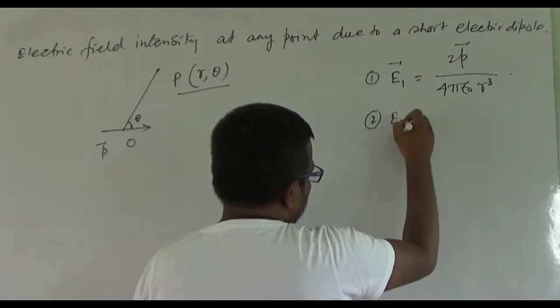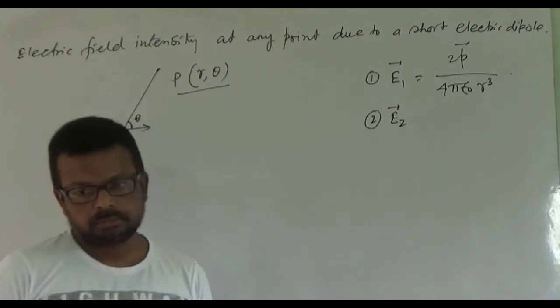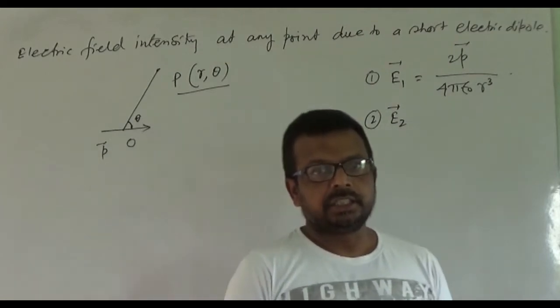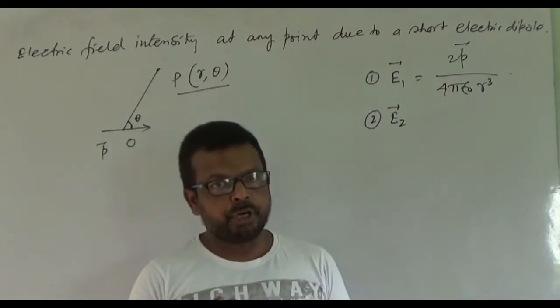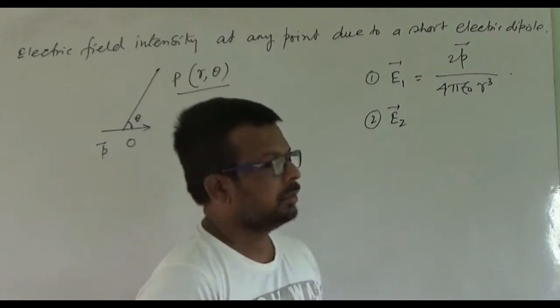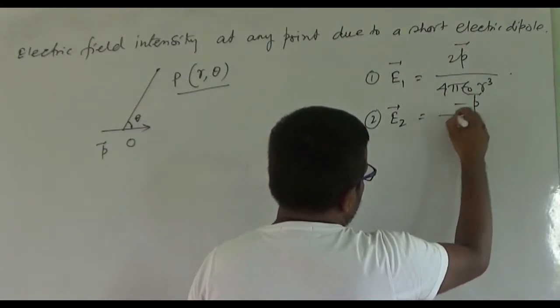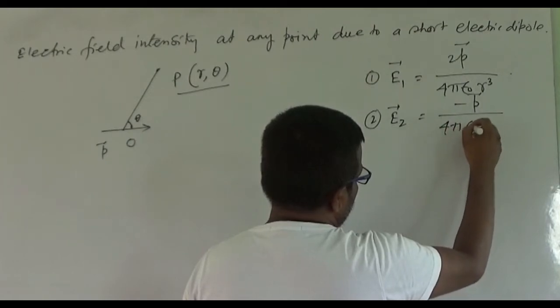And we have also deduced an expression for the electric field intensity due to a dipole at a point on the equatorial plane, which is minus p vector divided by 4 pi epsilon naught r cube.